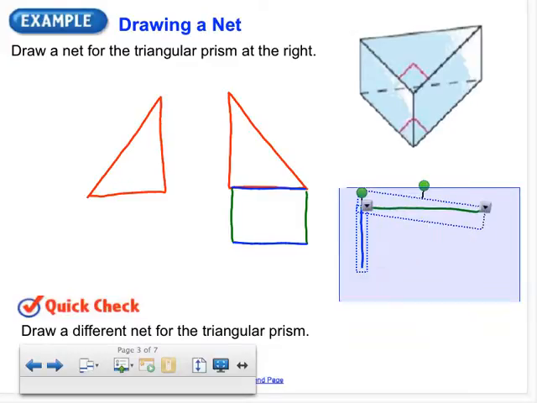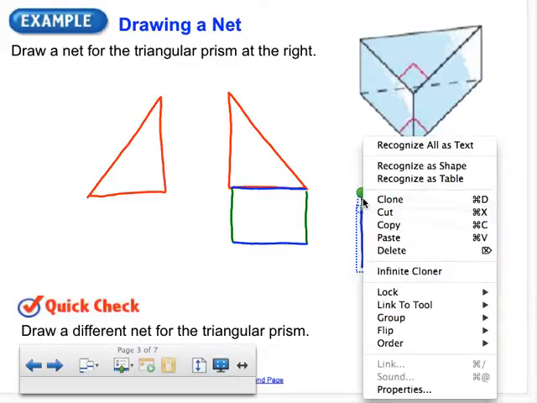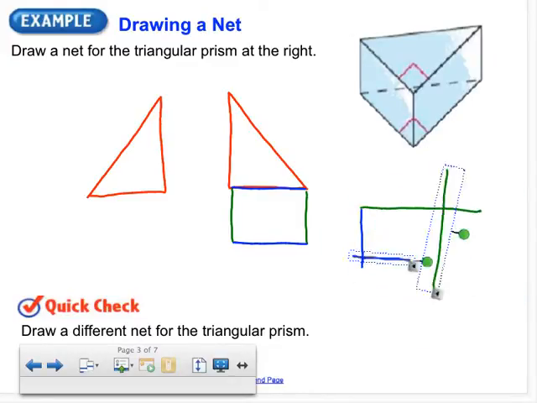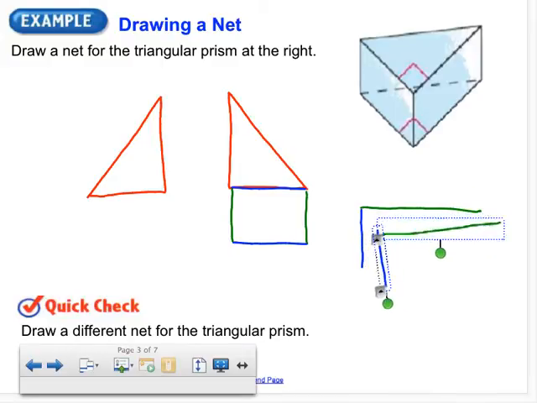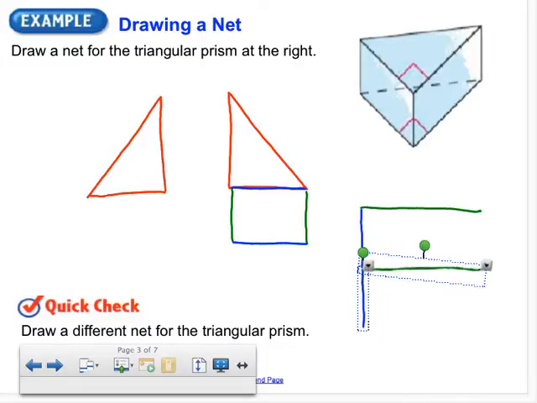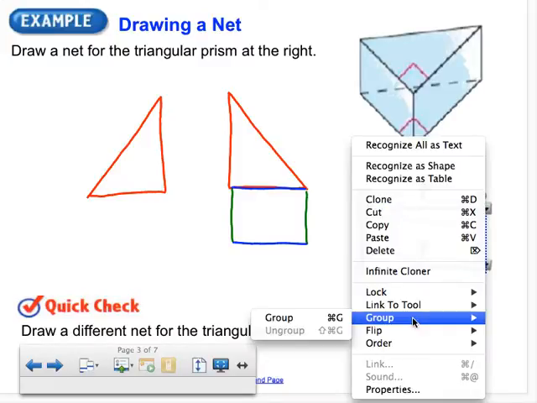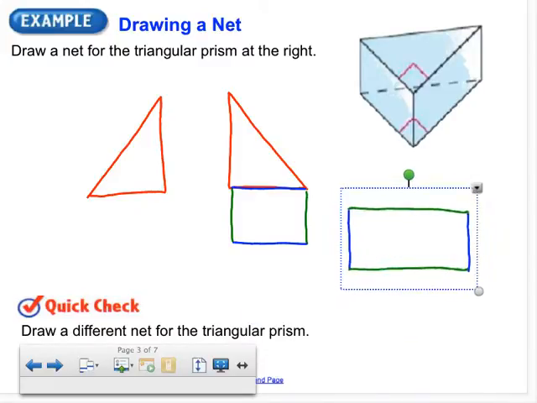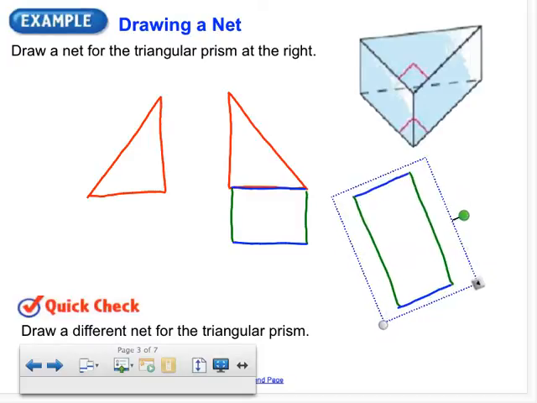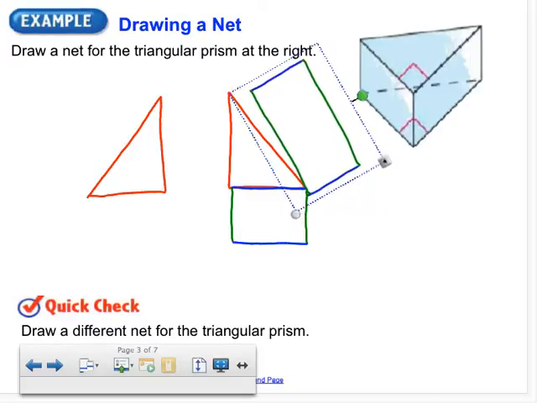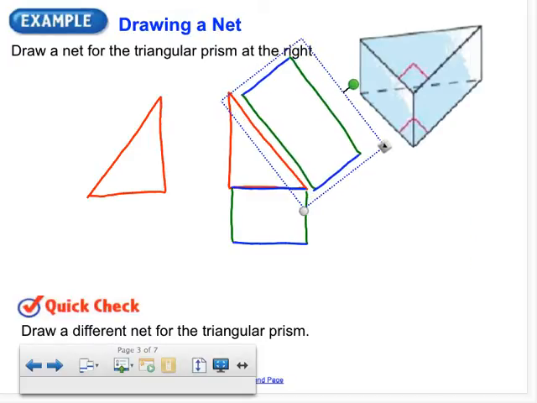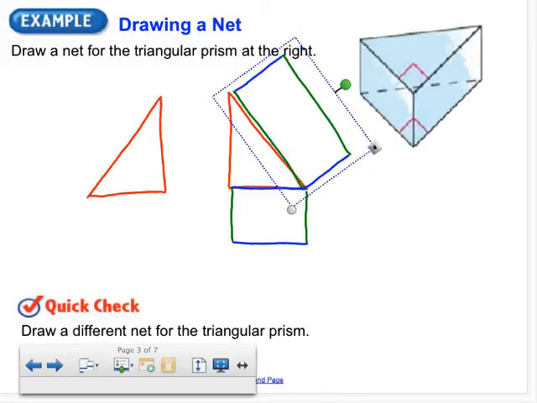Okay, and then I'm going to, from that box, no, that didn't work out, did it? Okay, and so in order for me to have a net that I can fold, I need to make sure the edge of my rectangle lines up with my triangle, right?